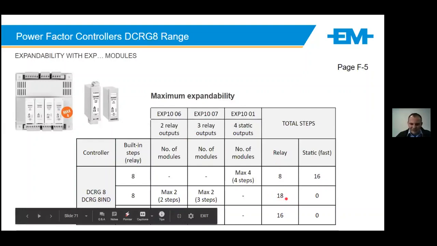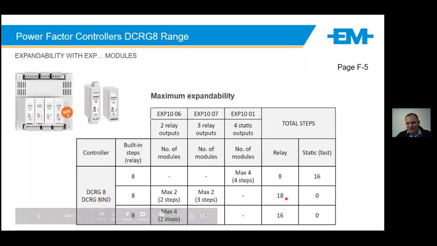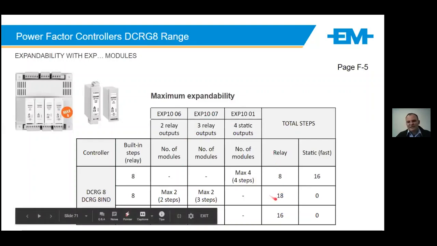Remember, that's not our limit. If I want more, I can just link to another slave controller and expand on that. Okay. If I'm using what we call a hybrid between relay and fast switching, thyristor switching, depending on my combination of modules, this would be, say, 8 contactor switching and up to 16 fast switching channels.